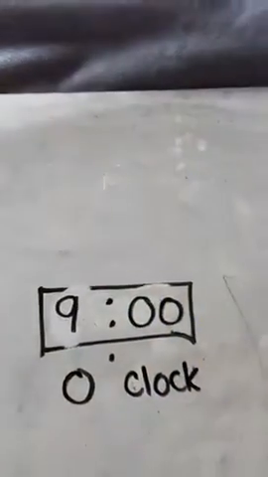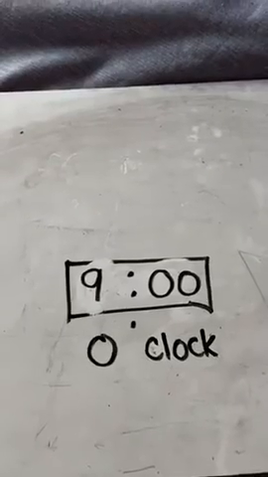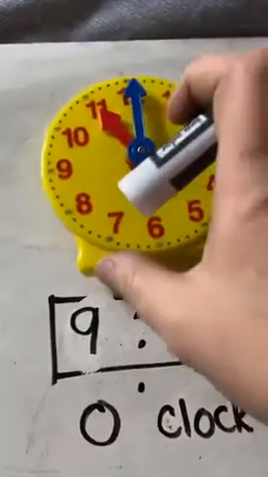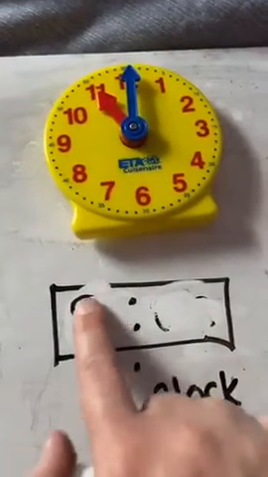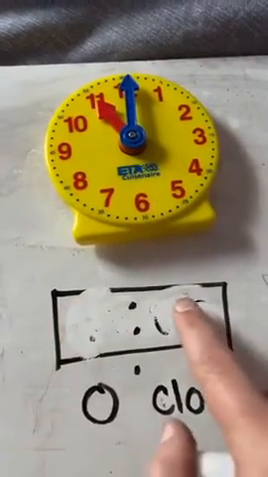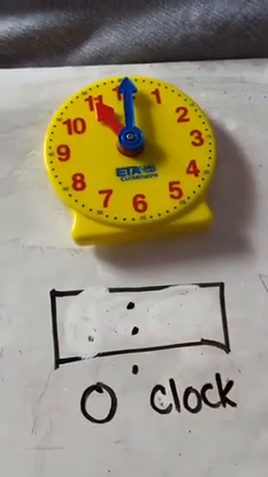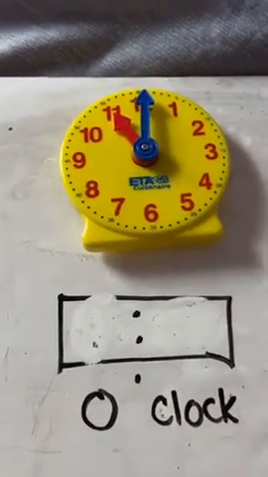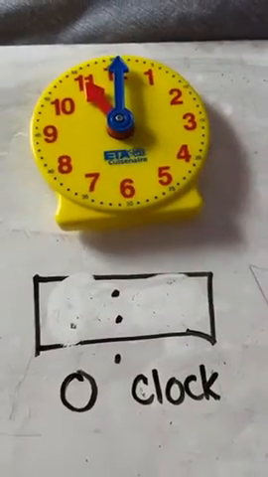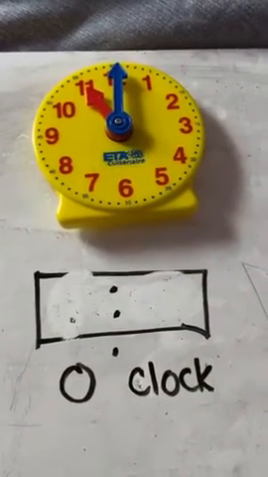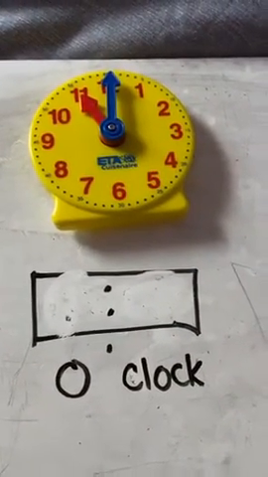Let me mix it up and let's see if you can tell me this one. Okay, let me erase here. Can you tell me this one? What is it? We always start with the hour. And remember, the short hand tells me the hour because he has more power. You're right.